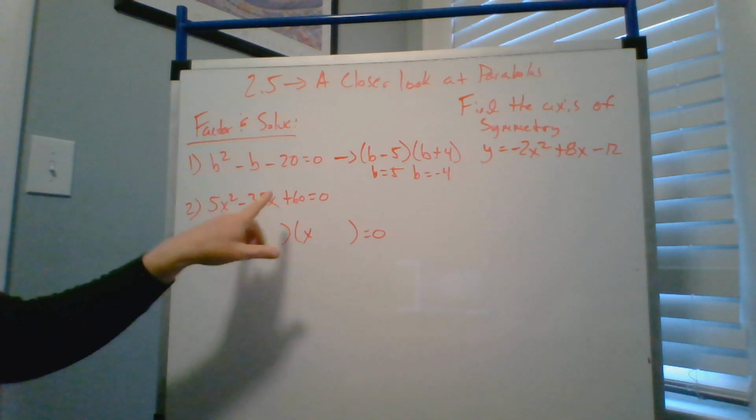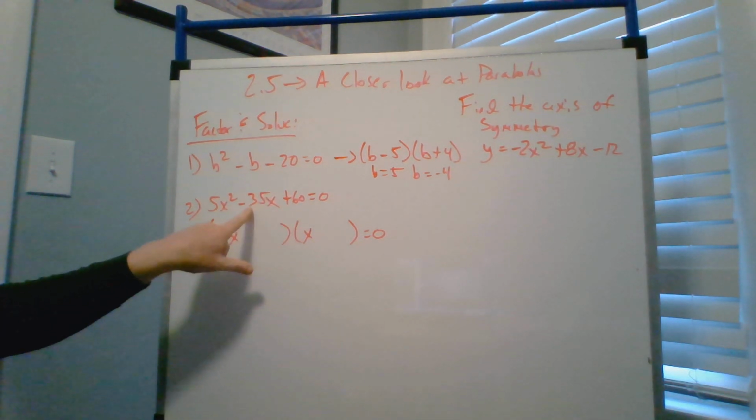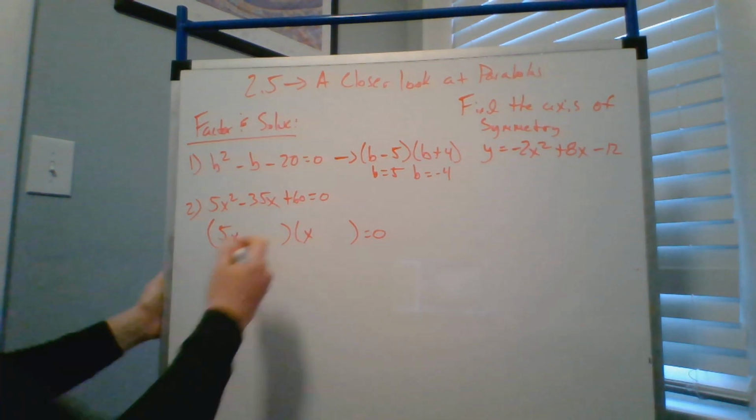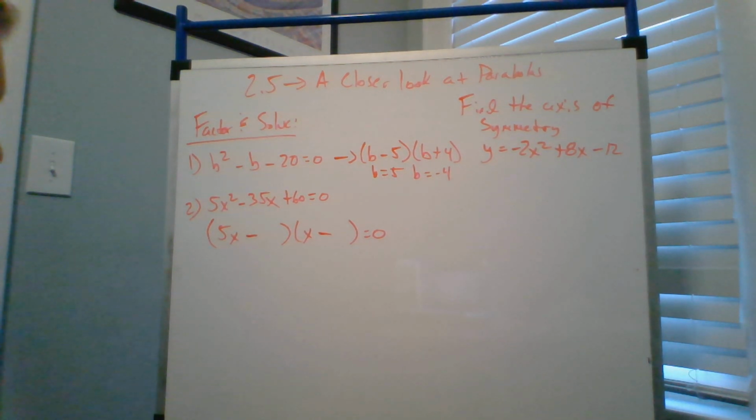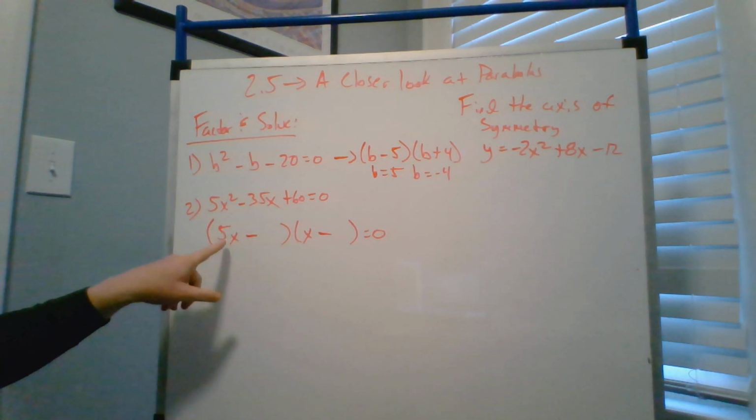I'm looking at my quadratic. If this is positive and this is negative, I, no matter what, have to have negative here, okay? Now I'm going through my Rolodex of my multiples of 60. I got 1 and 60, I got 12 and 5, and a lot more. I got 6 and 10, 2 and 30, and I'm trying to think, which one of these add to negative 35 when they're multiplied against 5?